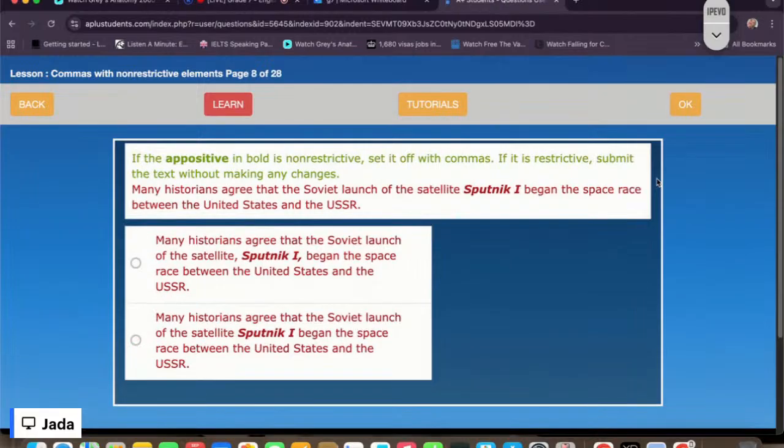All right, so many historians agree that the Soviet launch of the satellite Sputnik 1 began the space race between the United States and the USSR. First or second?